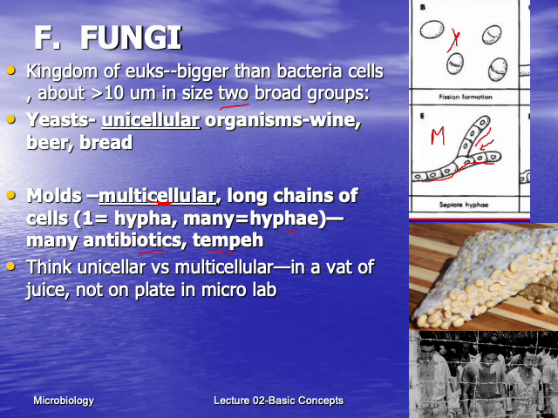Sometimes you streak out some yeasts in the lab and they grow as a colony, and you'll say, well, look, they're all stuck together. But that's kind of an unnatural thing. When we talk about yeast being unicellular and molds being multicellular, we're thinking in nature, not in a lab.